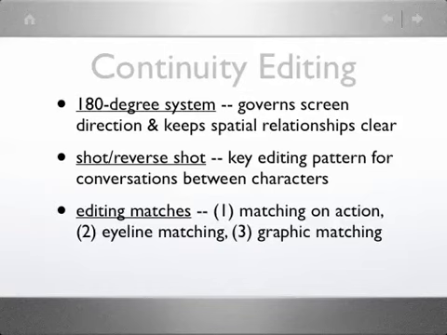Eyeline matching is something where a character is looking at something that is off screen. Could be a person that is also looking back at them. It could be a person who they are looking at who is not looking at them, or it could be an object, any of which is going to be off screen. So you see a character looking in a particular direction off screen, and then there's a cut to another shot which shows what that character is looking at.